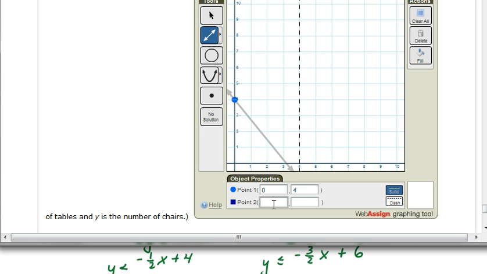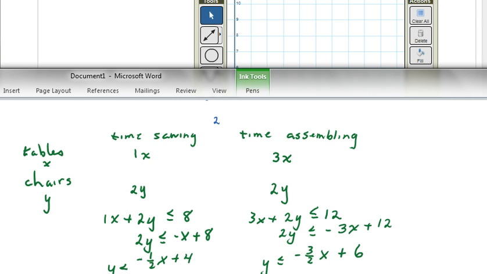y would equal 4. I'm sorry, if x was equal to 8, y would equal 0. And so there's one line, and it is less than or equal to, I'll just pull that down a little.